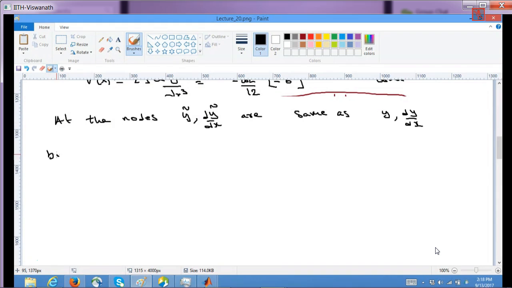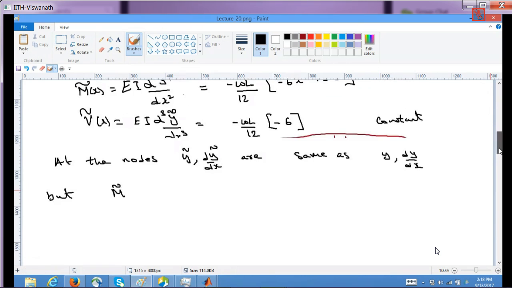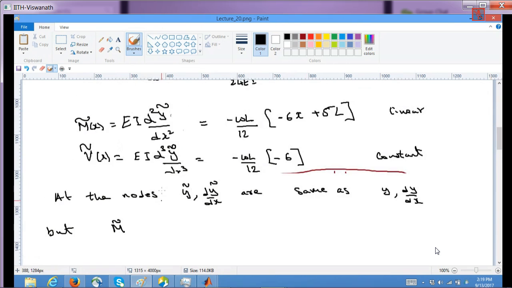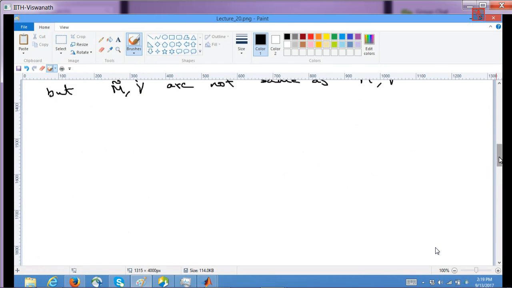But one can show that M tilde, which is EI d square y tilde by dx square, and the shear force are not the same as M and V. If I show this diagrammatically, it will look like this.